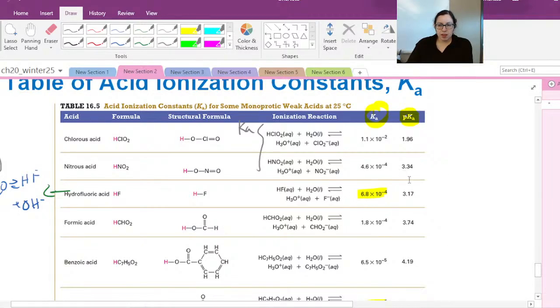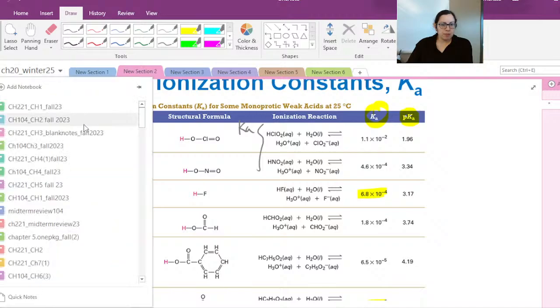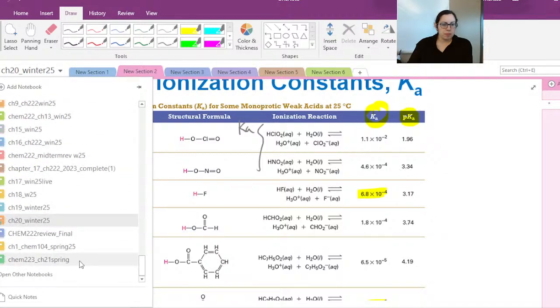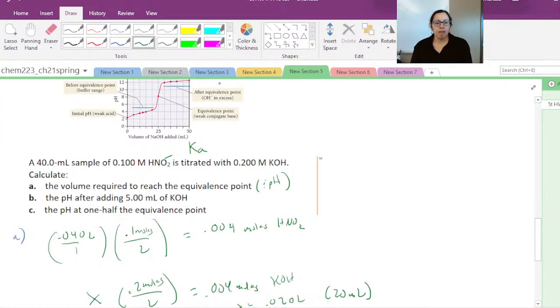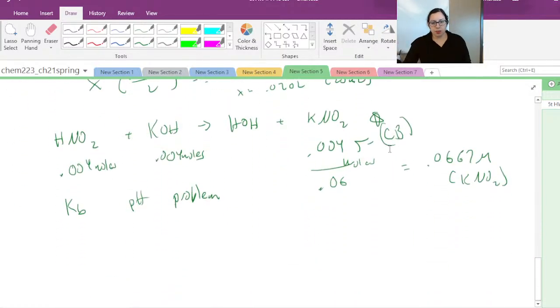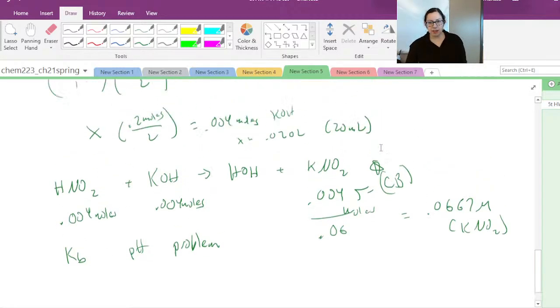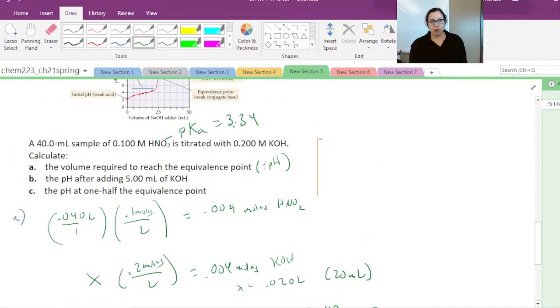I'll just remember the pKa 3.34. So pKa 3.34. And so then, right, if this is our Kb, conjugate base, then you can solve for your pKb for that. So do you remember what that relationship was? Our conjugate acid, conjugate base.